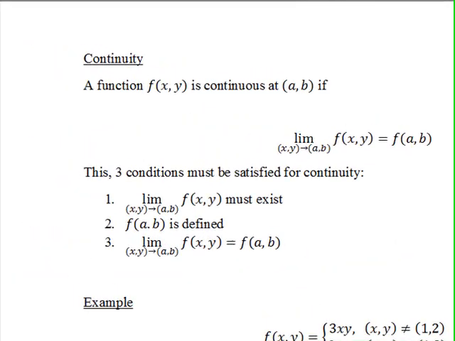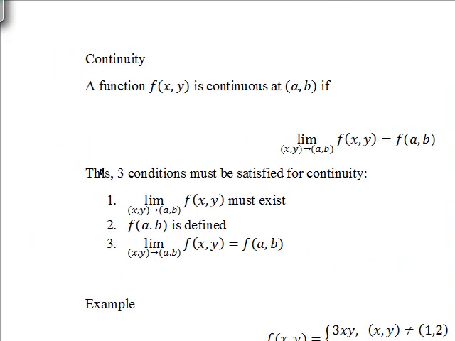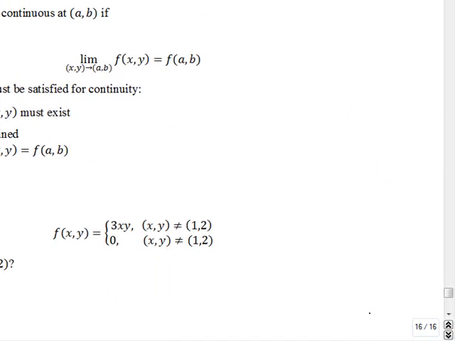Thus, three conditions must be satisfied for continuity. The first condition: the limit must exist. The next condition: the function must be defined at (a,b). And the third condition is that the limit must be equal to f of (a,b).